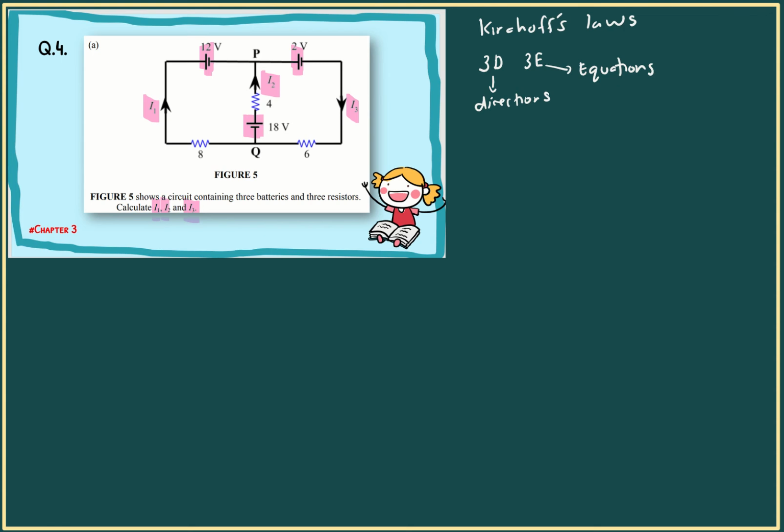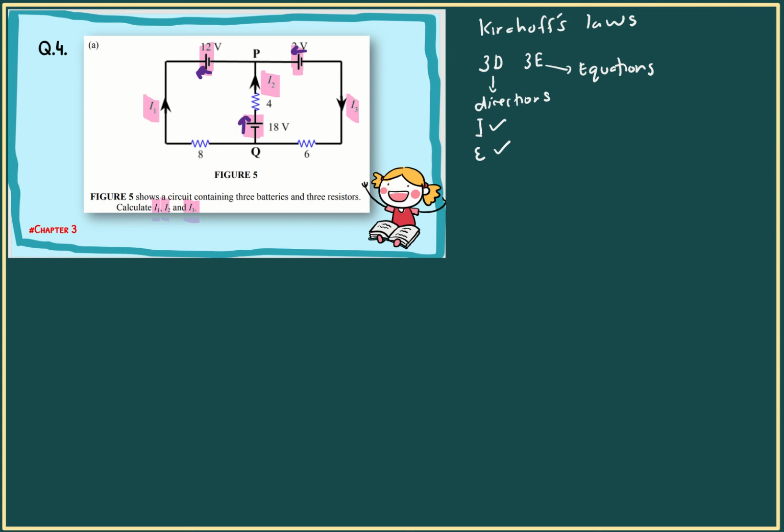So we start with direction. First, you're supposed to have the direction of I. The direction of I is already drawn for us, and then the direction of EMF is supposed to be from negative to positive, negative to positive, negative to positive.